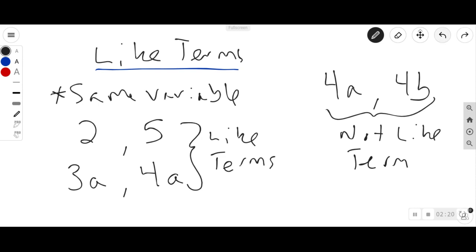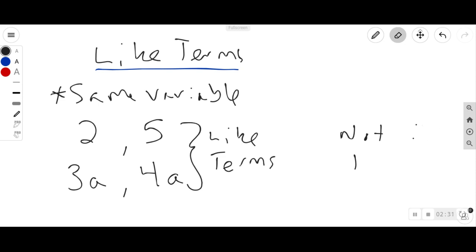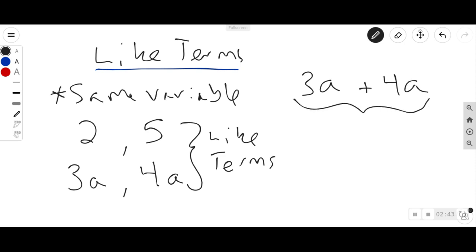Now, if we look at how we can deal with combining these, we can figure out how to simplify stuff. So let's say that we have our 3a and we're trying to add 4a. These are like terms, so we can put them together.